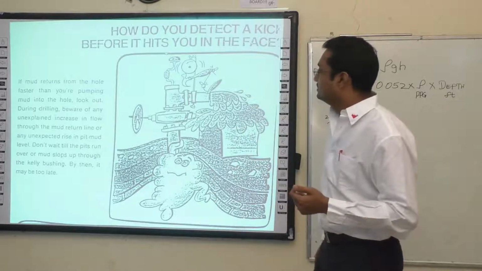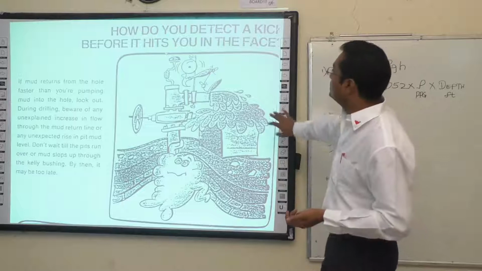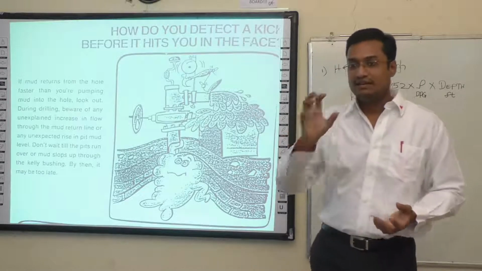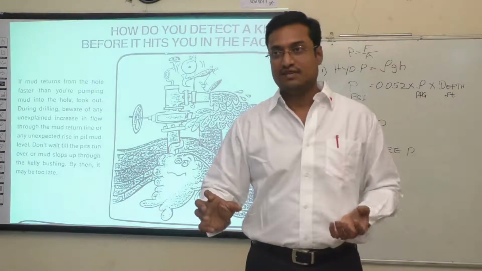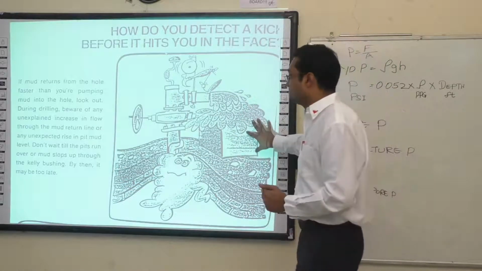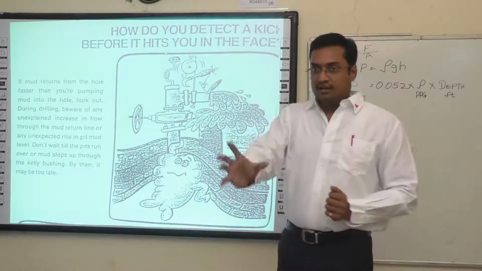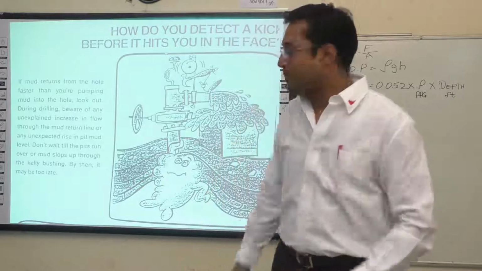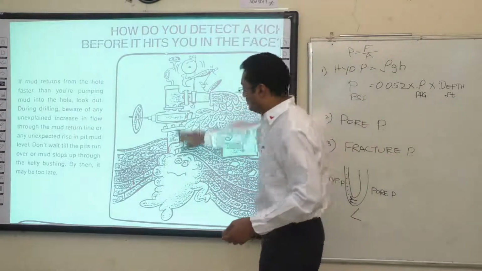If mud returns from the hole faster than you are pumping into the hole, that is an indication. It means how you detect the kick, how you identify that a kick situation has happened. You are pumping 250 gallons per minute inside the well bore, you are pumping 250 gallons while drilling.